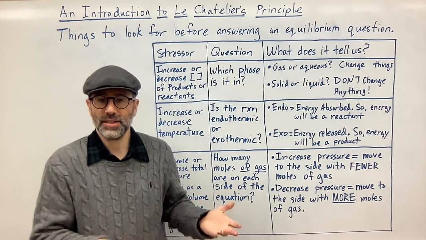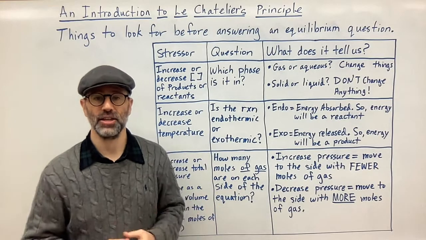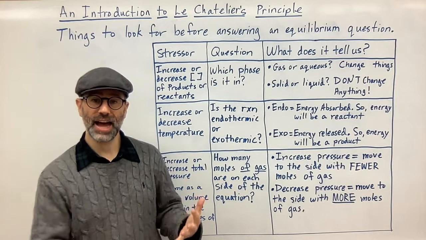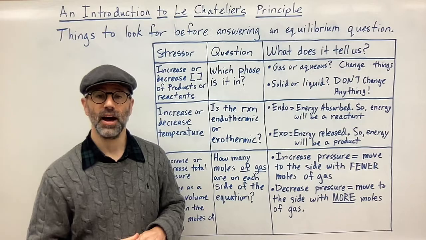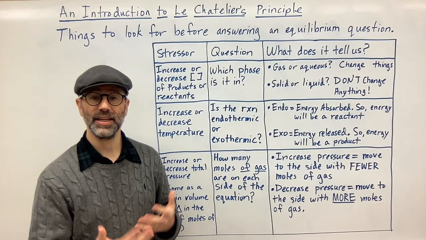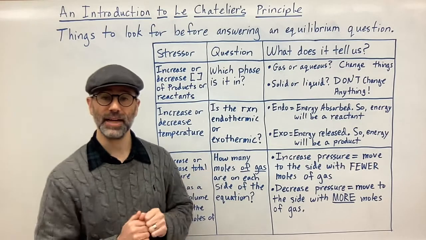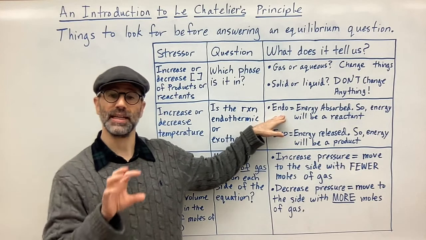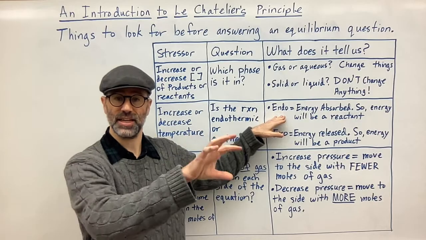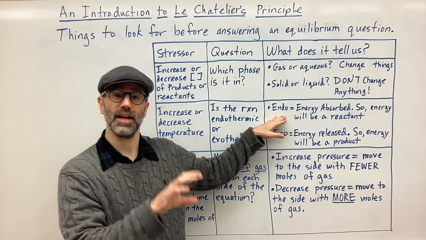So how do you raise temperature? You put in energy, right? So if you're adding energy to the system by raising the temperature, that's going to indicate that you are increasing reactants in that case, because if it's an endothermic reaction, we're treating heat energy as a reactant on the reactant side.